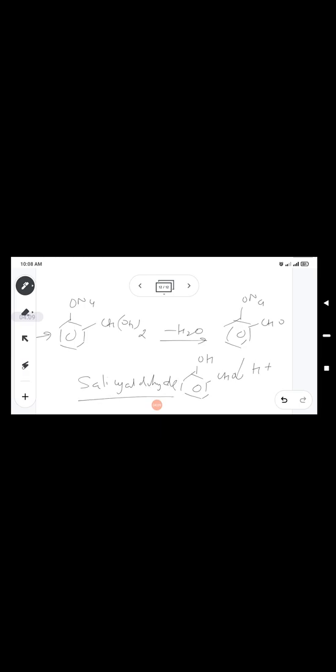This is how you get your product salicylaldehyde. The IUPAC name should be ortho hydroxy benzaldehyde or ortho hydroxy benzene carbaldehyde.